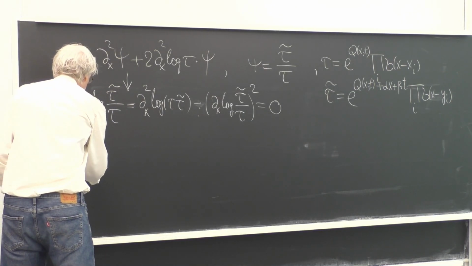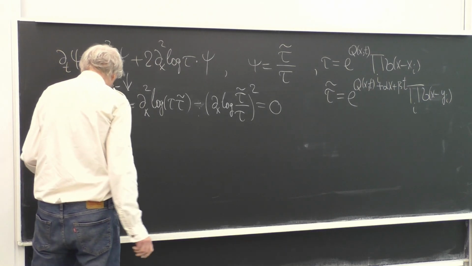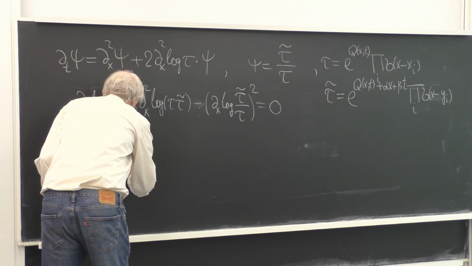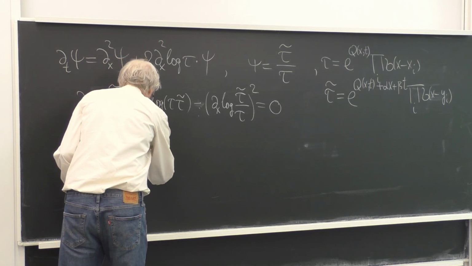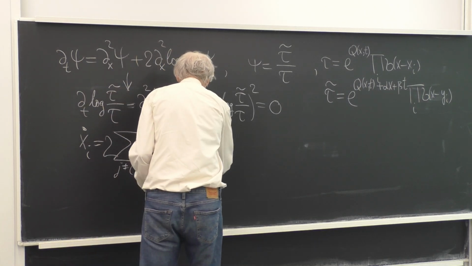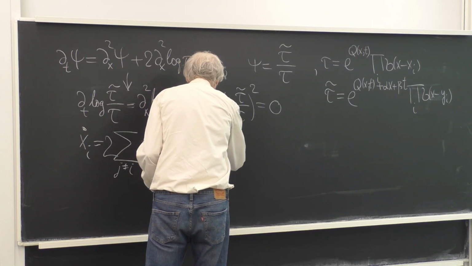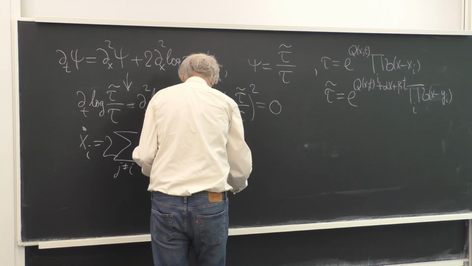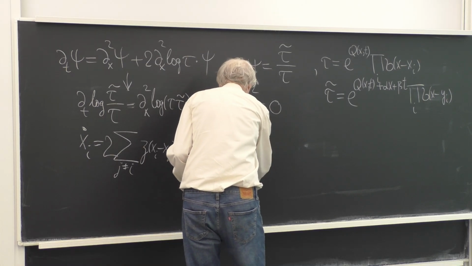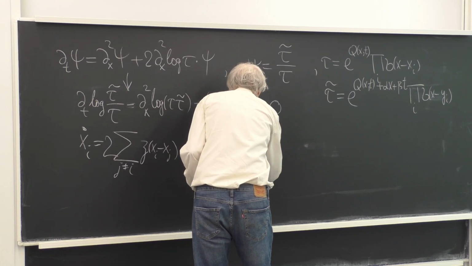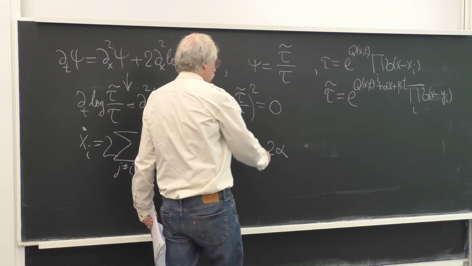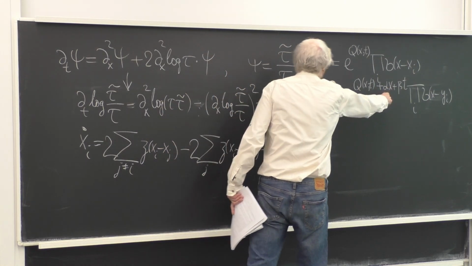Cancellation of these poles leads to the following system of equations. This term with alpha comes from here.